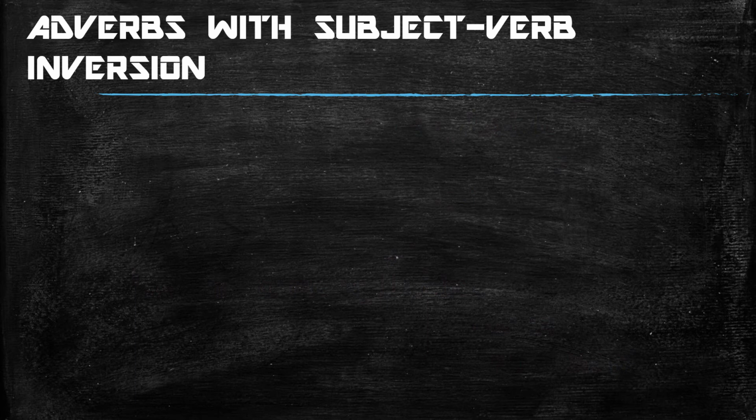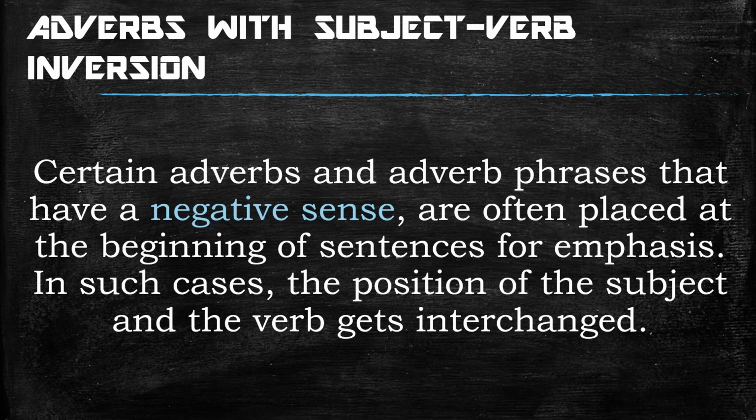Now let us look at adverbs with subject verb inversion. Certain adverbs and adverb phrases that have a negative sense are often placed at the beginning of sentences for emphasis. In such cases, the position of the subject and the verb gets interchanged.